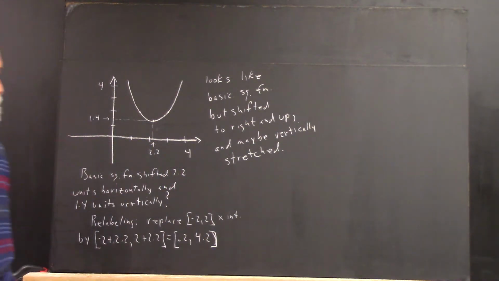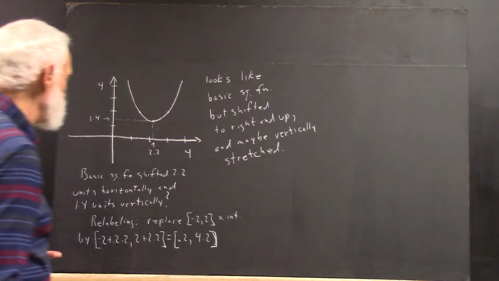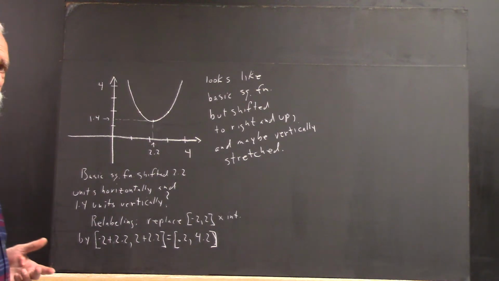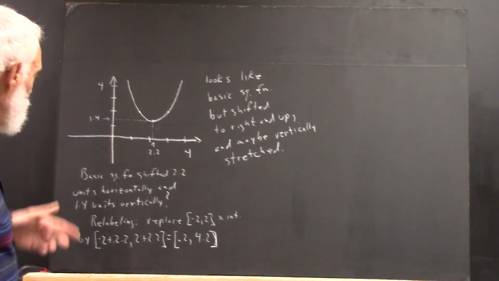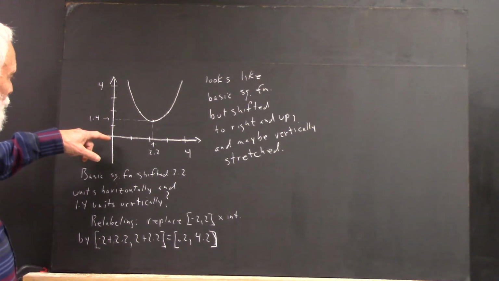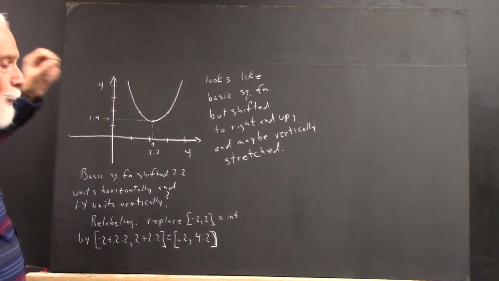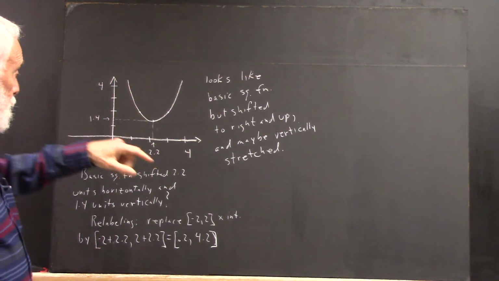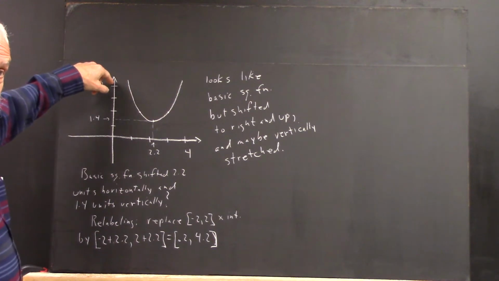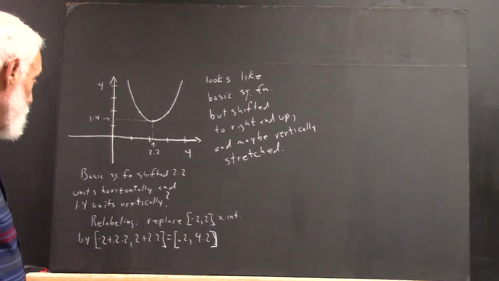Okay? And then, what does our basic y interval become? Well, our basic y interval, the range of the squaring function, is from 0 to 4, right? Okay?